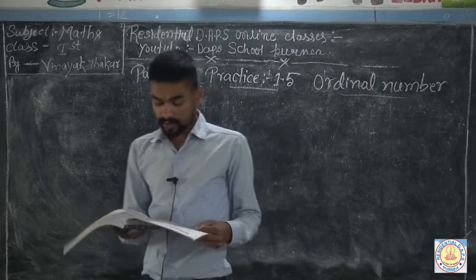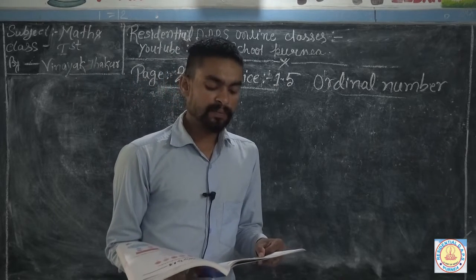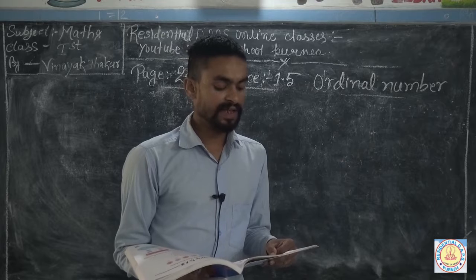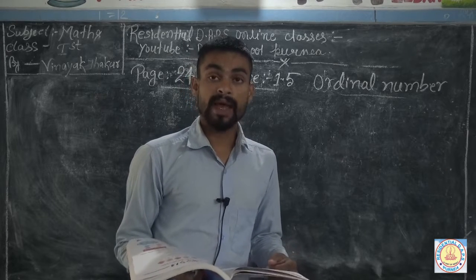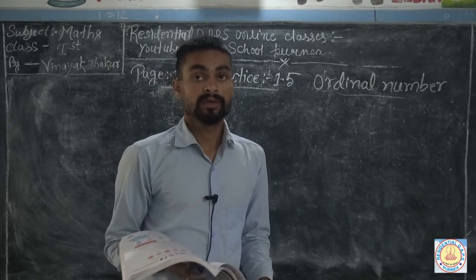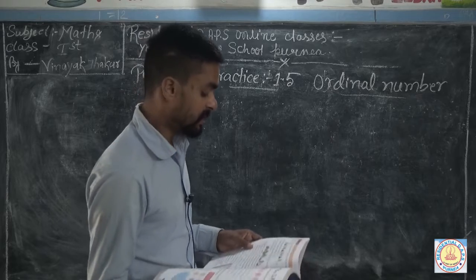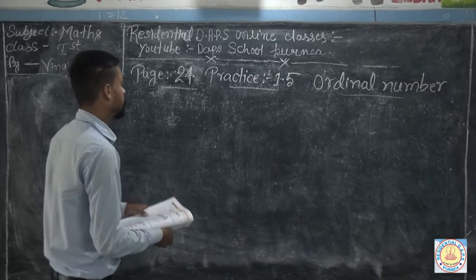So guys, your first question is: observe the following patterns carefully and fill in the blanks accordingly. At first you have to observe the given patterns in your book. Then you have to put them in the right order.